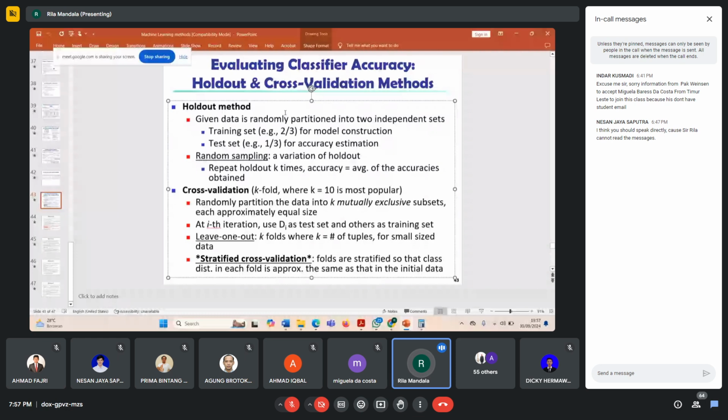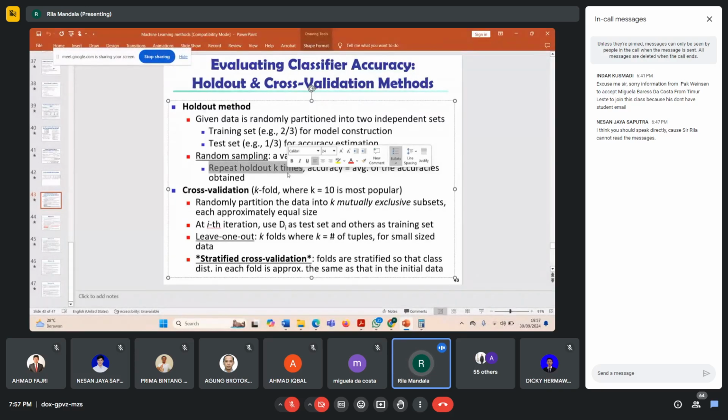Then you repeat the holdout k times. First you divide into training data and testing data and do the experiment. Then you repeat the experiment with another set of training data and testing data.